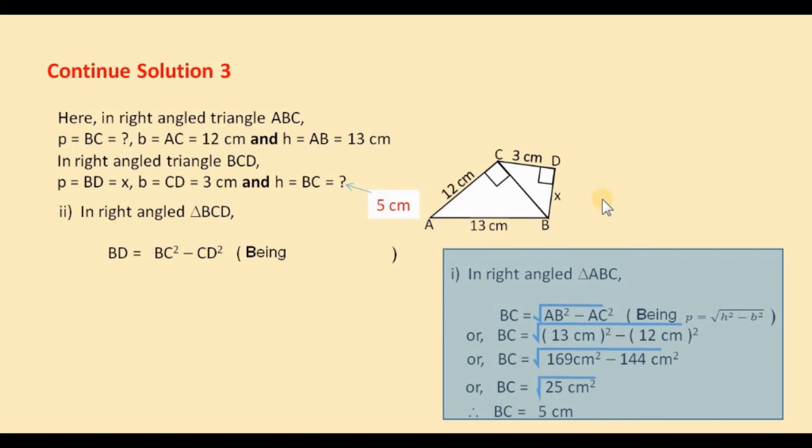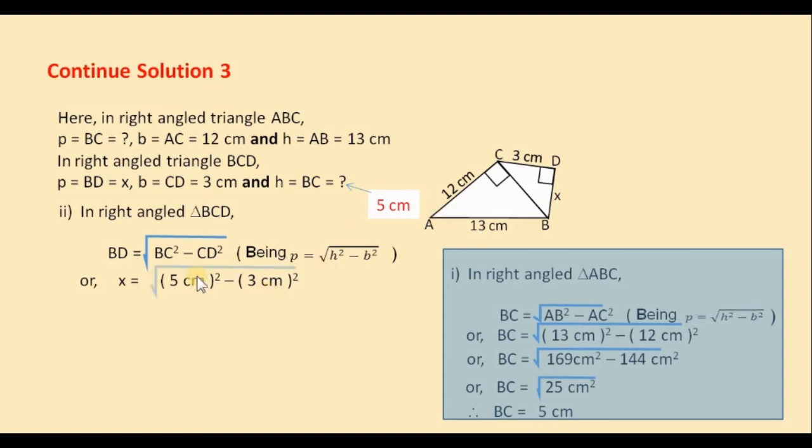Here BD is equal to square root of BC square minus CD square, because P is equal to square root of H square minus B square. BD is P, BC is H, and CD is B. Or BD is X, BC is 5 centimeter, CD is 3 centimeter.